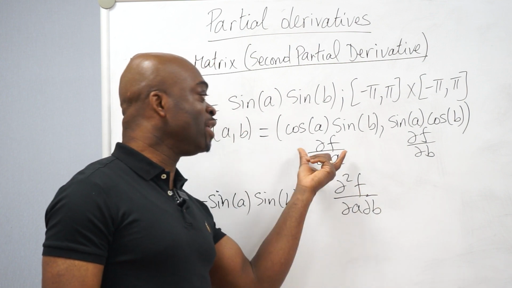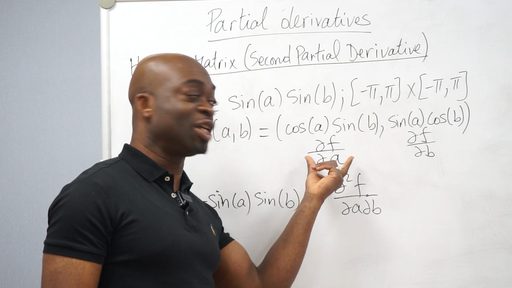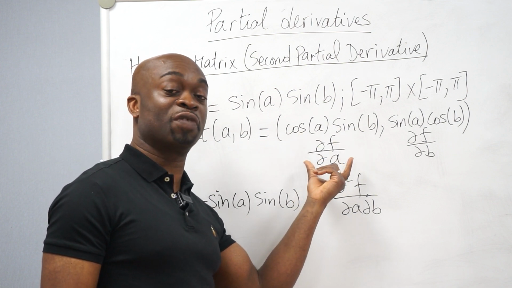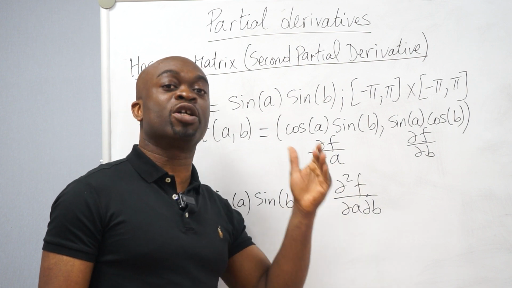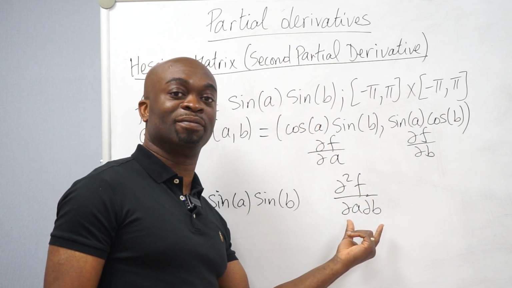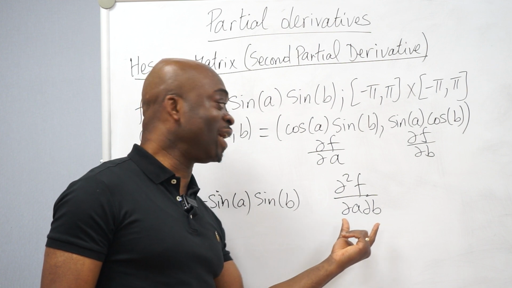Okay? So that means we are still here. Ladies and gentlemen, we're still here. The first partial derivative of this function with respect to a, but now we're going to do it the second time, but we're doing it with b. You guys can see that now, right?